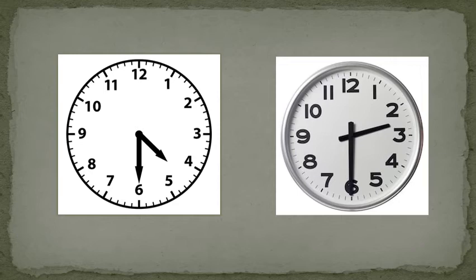So the time in the above clock is 4:30 or half past 4. In the second clock, the hour hand is between 2 and 3. The minute hand is at 6. So the time will be 2:30 or half past 2.